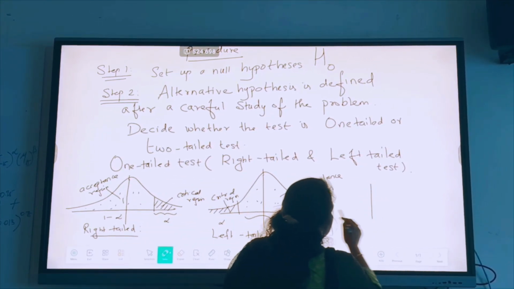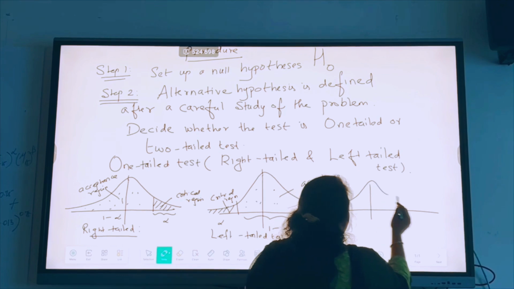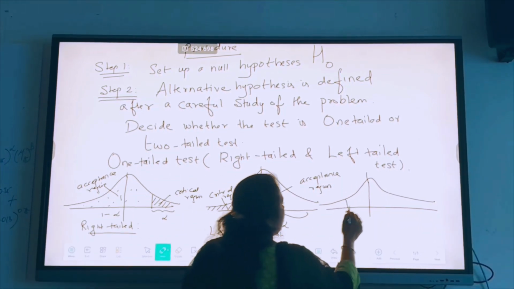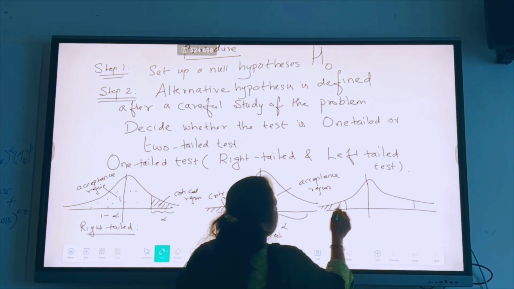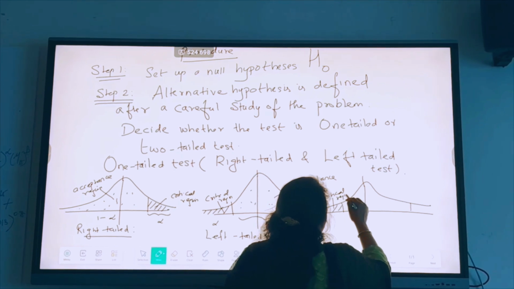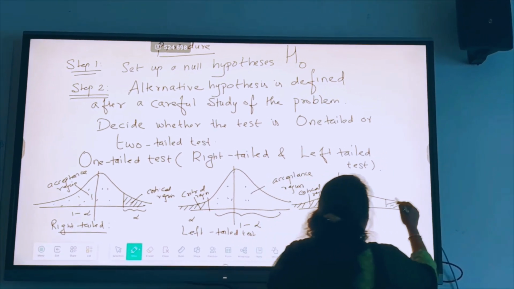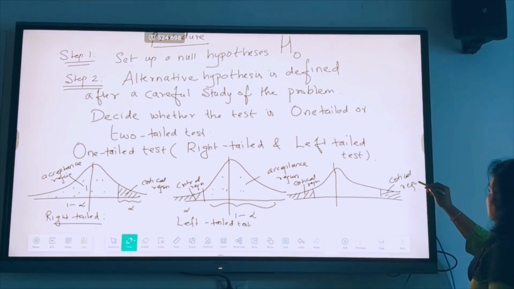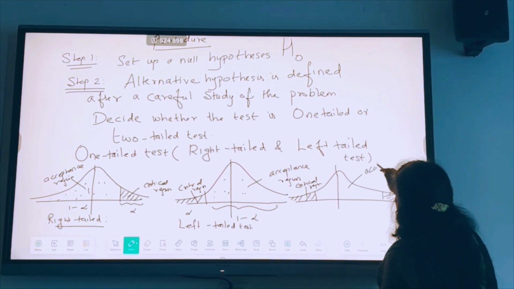Similarly, two-tailed. In a two-tailed test, the points will be on both sides. The corresponding regions will be critical regions. This also will be a critical region, and this will be the acceptance region.